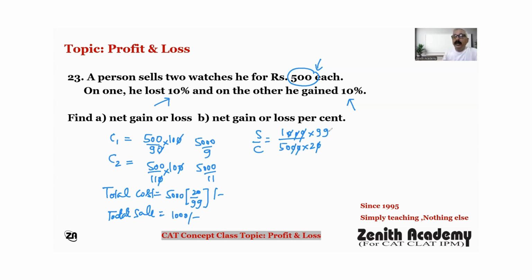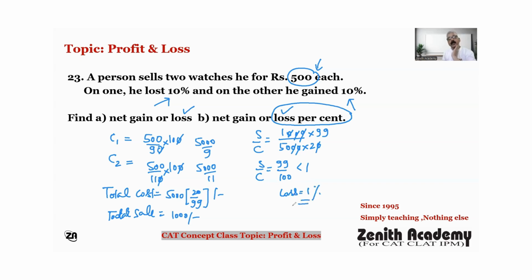So this is coming 99 by 100. It is less than 1. So it is a case of loss. Okay. Now find loss percent. So very simple. If the ratio is 99 upon 100, so 100 rupees cost, selling price is 99, so loss is 1%.